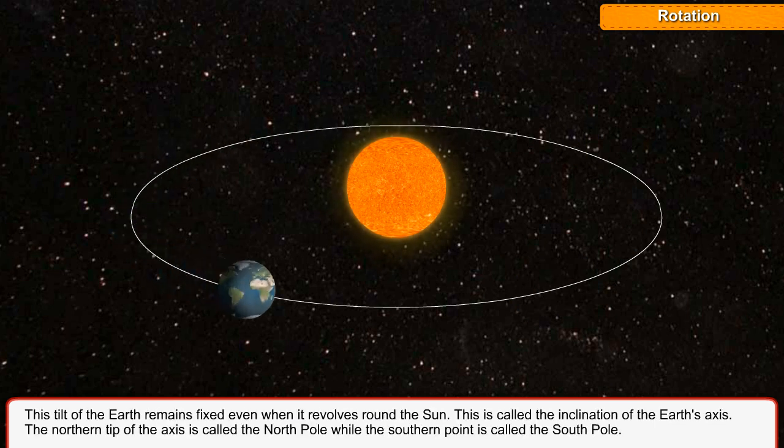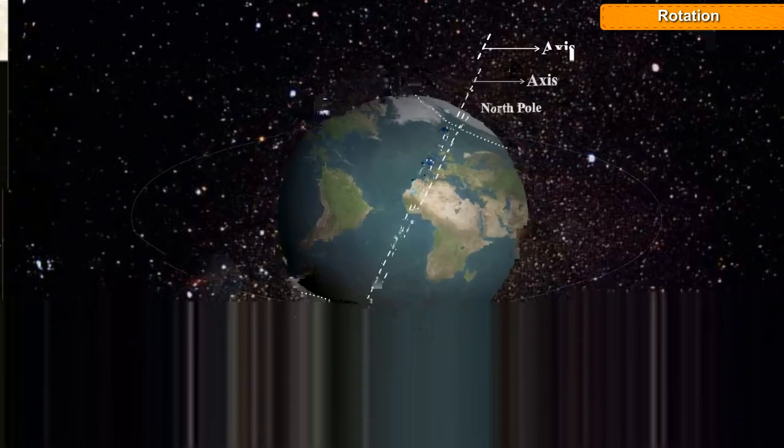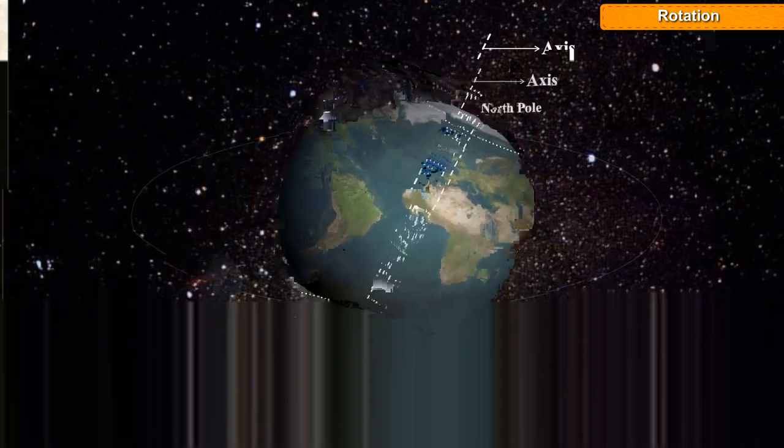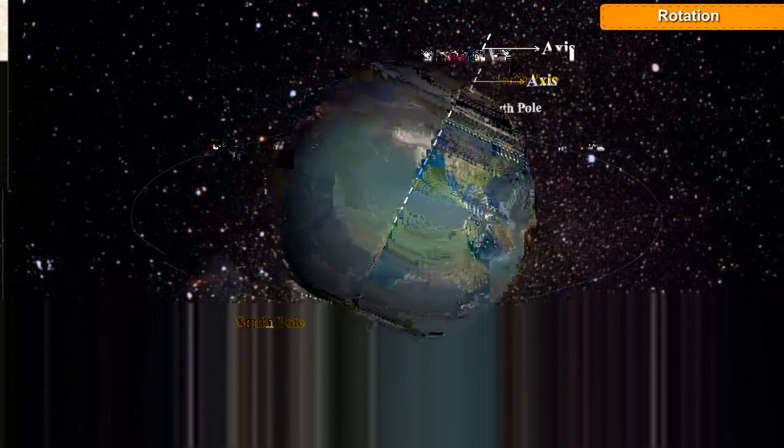This tilt of the Earth is fixed even when it revolves. This is called the inclination of the Earth's axis. The northern tip of the axis is called the North Pole. The southern point is called the South Pole.